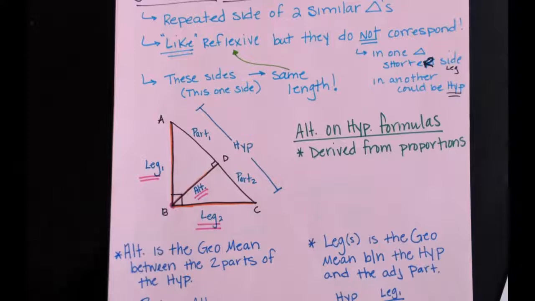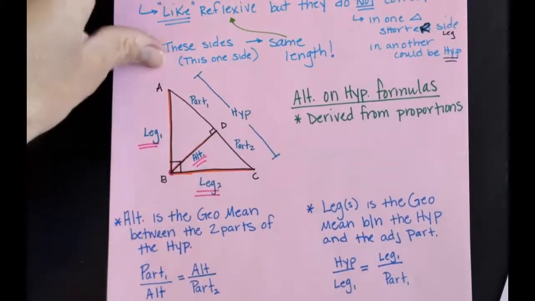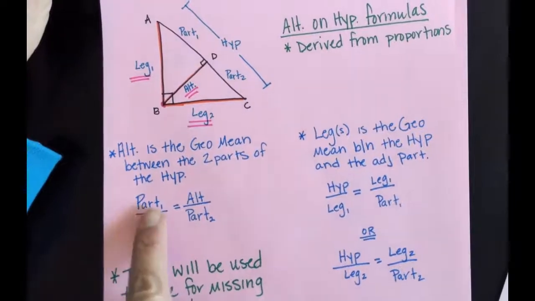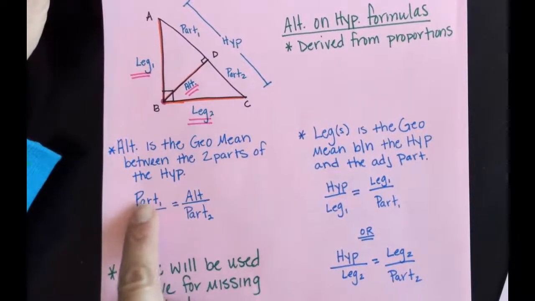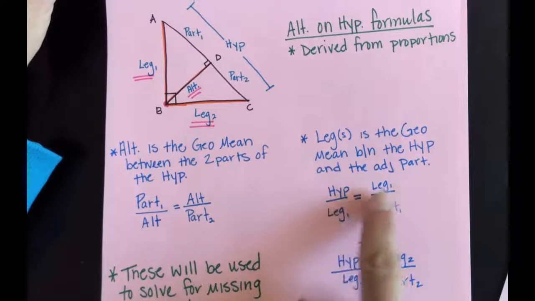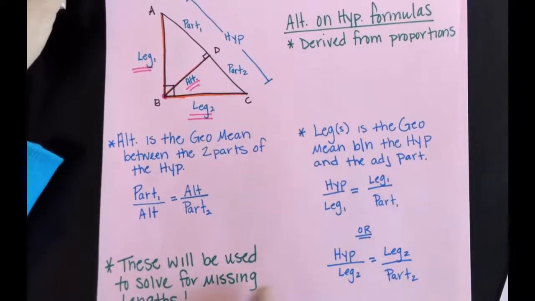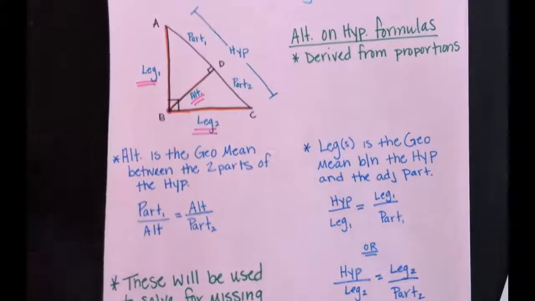So we talked about this idea, depending upon how you wanted to look at it, of the altitude in the means position, part and part, or a leg in the means position, and what it was a part of. That helps us solve for the missing piece.